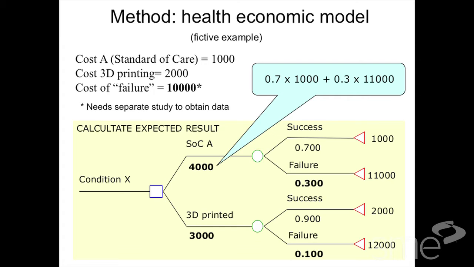So we can calculate the average cost per patient, and in this case, it would be 4,000 for the standard. We easily get that by multiplying the success rate with the cost of success and the failure rate with the cost of failure. If we go here, we can see that our 3D printing model would be cheaper, so we'd be in a dominant position.